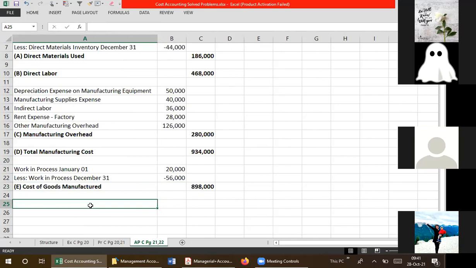Then we'll have our finished inventory and cost of goods sold.